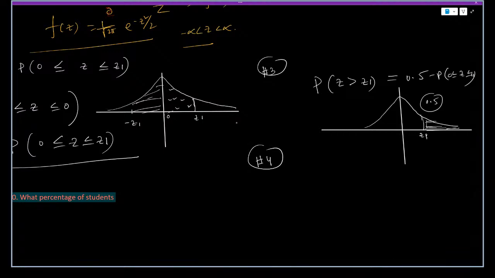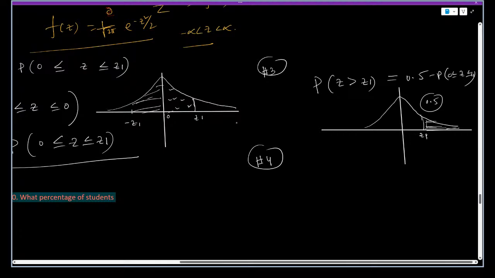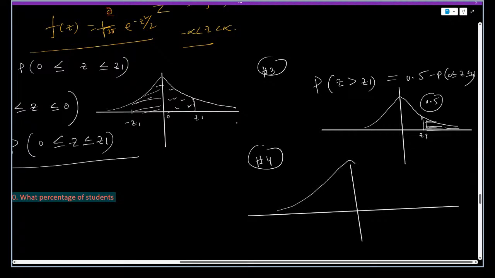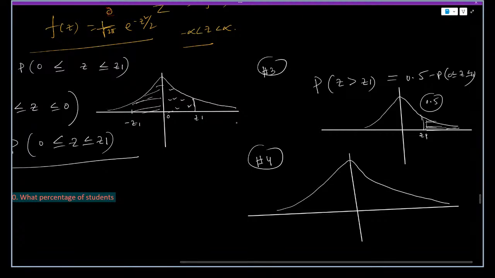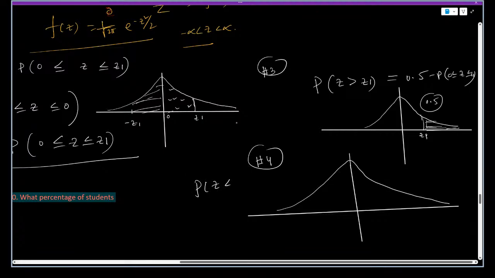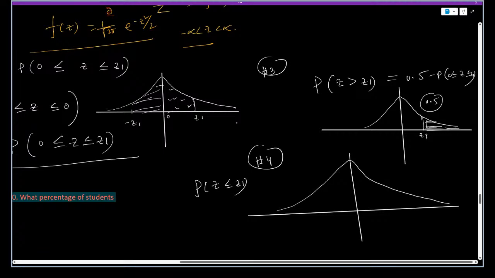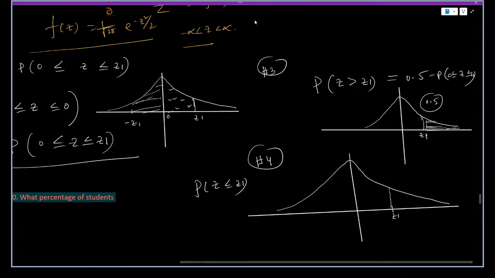Let me draw another one and explain. Suppose they have asked you to find P(Z ≤ Z1). Z1 lies somewhere like this, so on the left-hand side of it, everything you have to take.